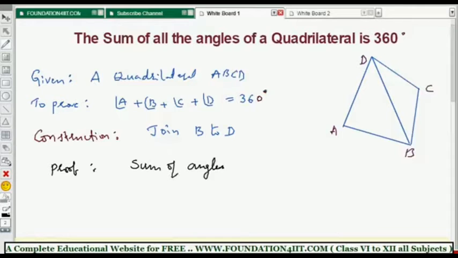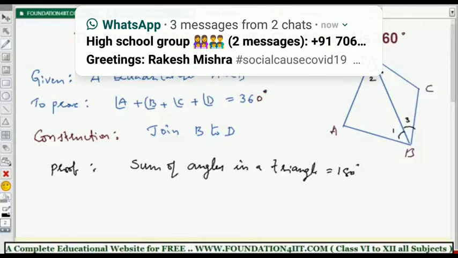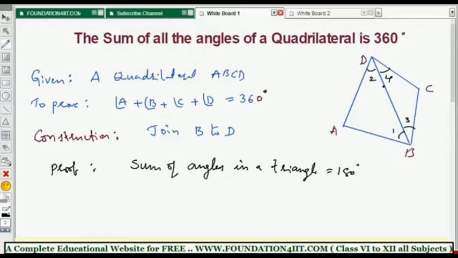So when you see here, there are two triangles, triangle ADB and triangle CDB. Let me label the angles 1, 2 and 3, 4. Angle B means 1 plus 3, and angle D is 2 plus 4.